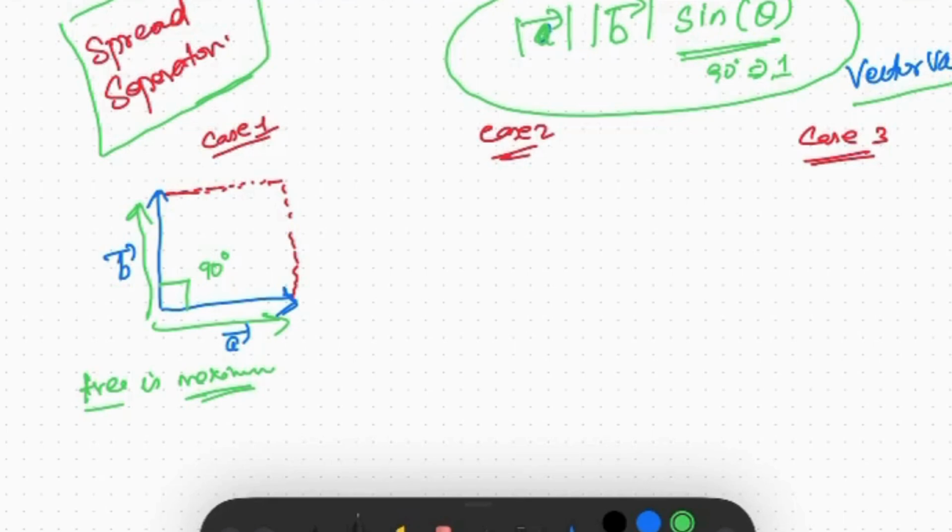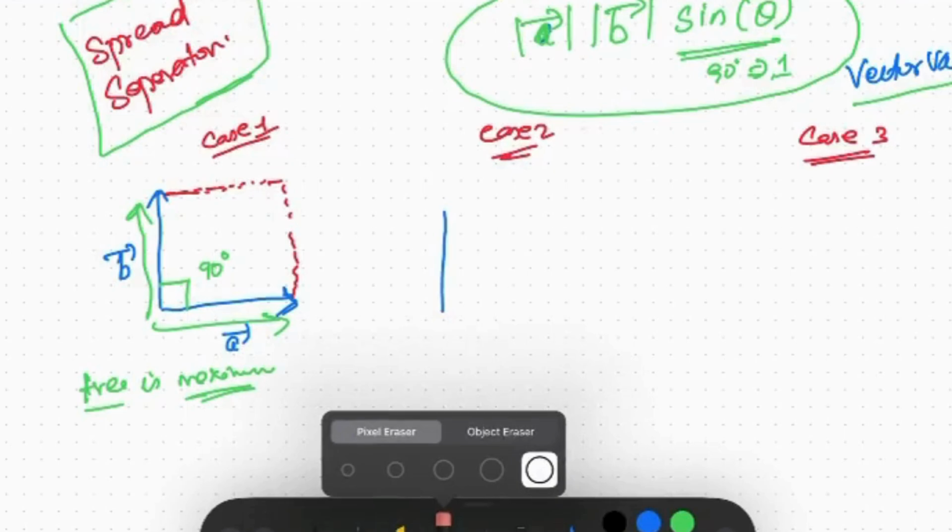Now in case 2, let's say I have two vectors. No, let me erase this one.